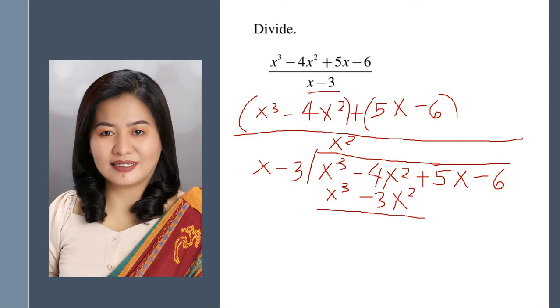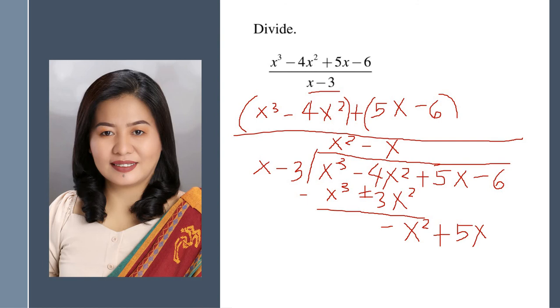And we have to subtract, so this will become plus. This will give us negative x squared, and bring down 5x. So negative x squared divided by x will give us a negative x.